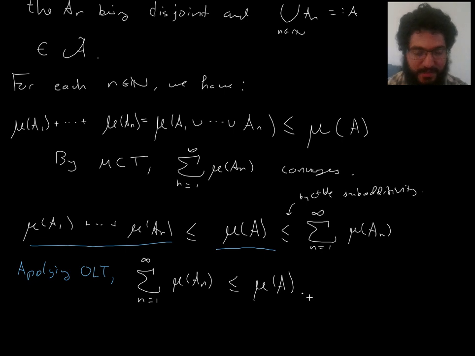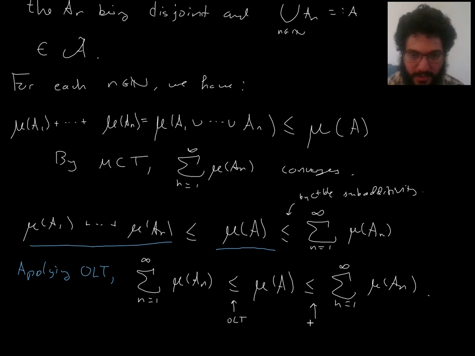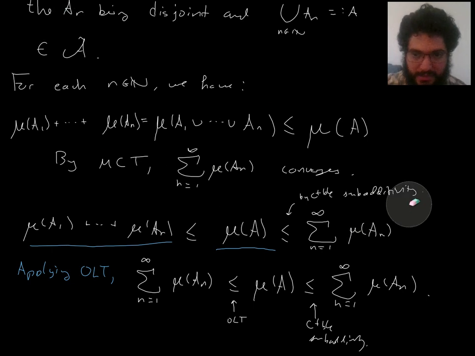And from the countable subadditivity, we have the other inequality, right? So this is what came from the order limit theorem. This is what came from countable subadditivity. And to be honest, I didn't really need to mention the countable subadditivity up here.